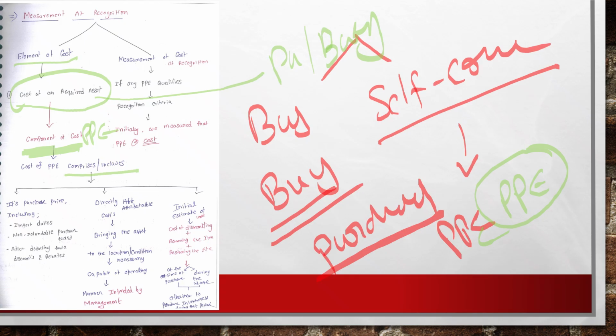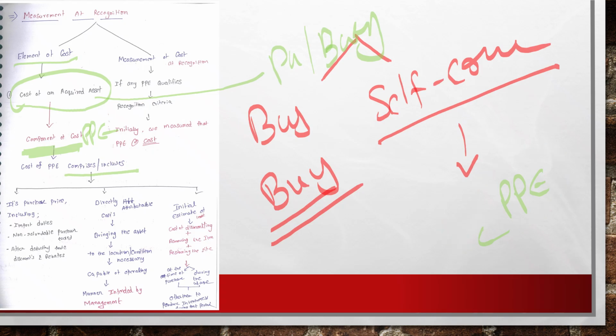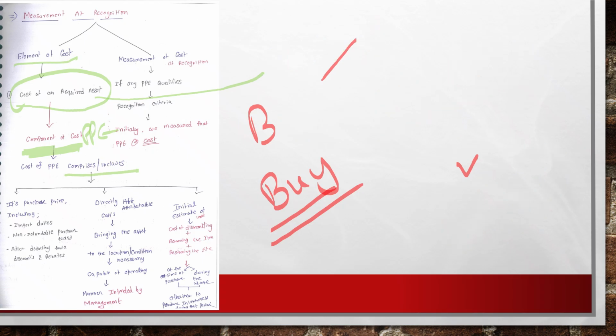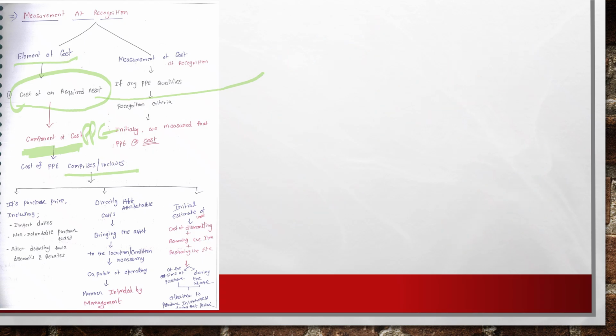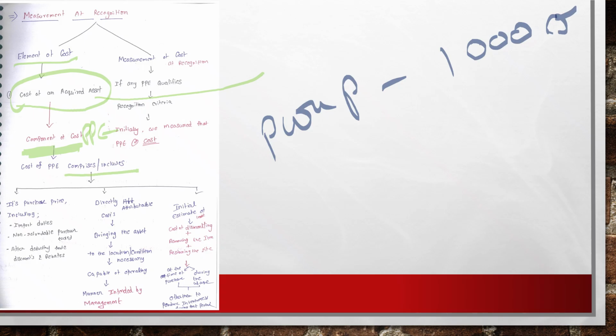Suppose its purchase price is, say, that we bought the particular item for 1,000 crores. That is the purchase price, and import duties.